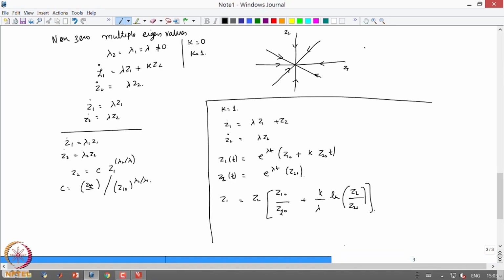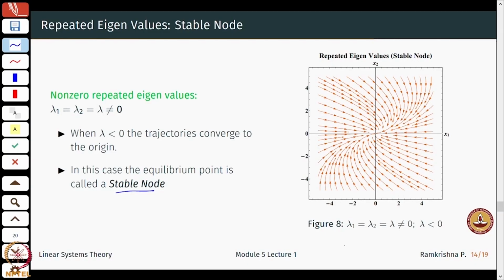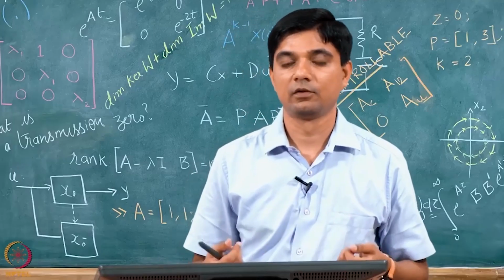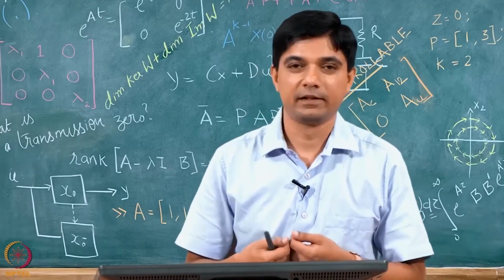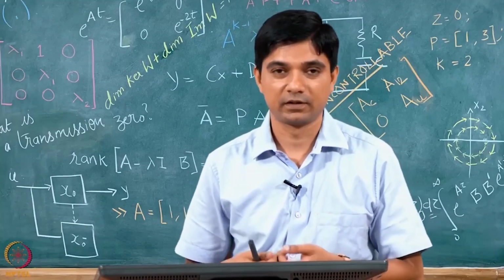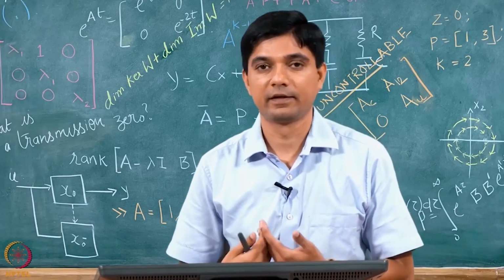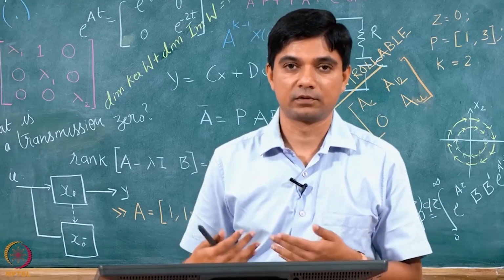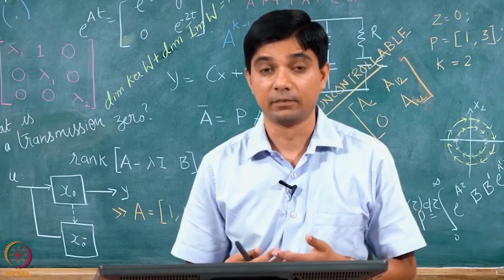So, I will just not plot this, but we will just check what this means in the x1 x2 case. It will turn out, not surprisingly, that you are actually talking of a stable system because the eigenvalues are less than 0. We are talking of eigenvalues being equal to each other. So, we are talking of some critically damped situation where we would naturally expect the trajectories to come back to the origin starting from a neighborhood of the origin.